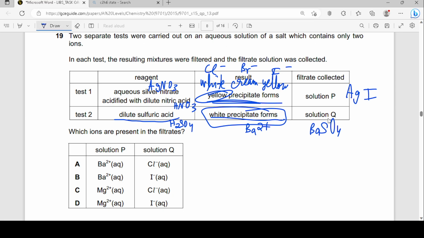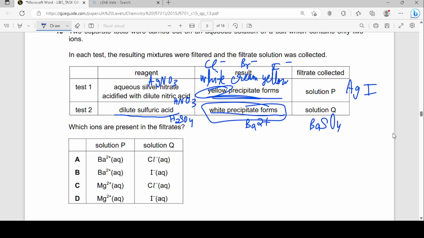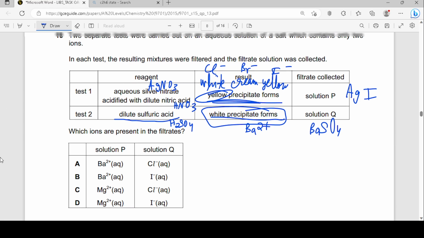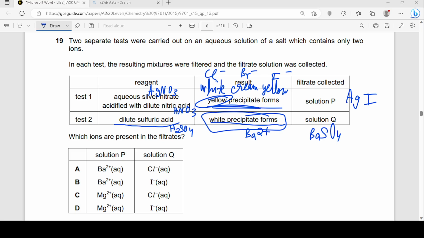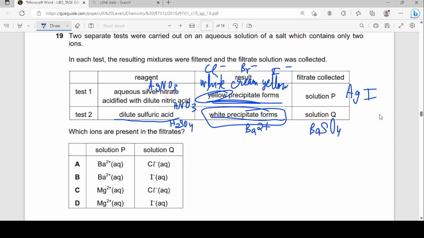AgI. Okay, wait a second. So they're asking about the filtrate. Oh wait, no. Okay, it makes sense now, because over here you get AgI solid, right?